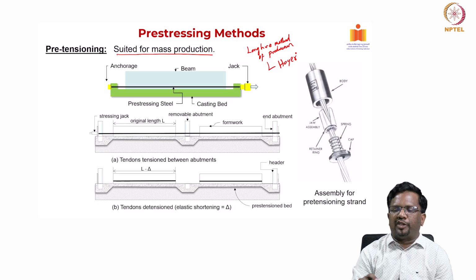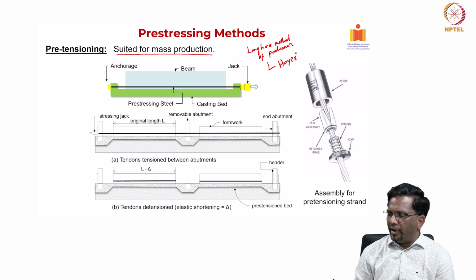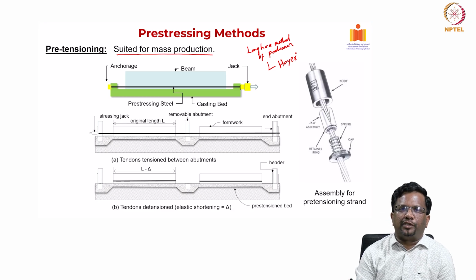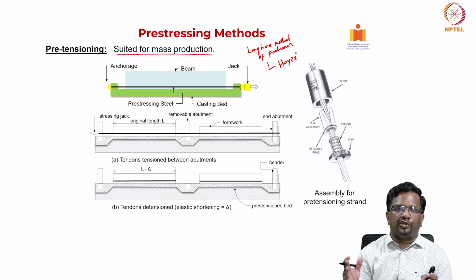The process is the same as explained in the previous slide. You have a mold, and you have a prestressing strand that is stretched and kept ready, and concrete is poured. The length of this pre-tensioning bed can be quite long, so I can produce multiple elements of a certain length.